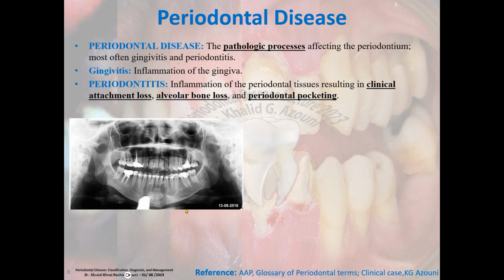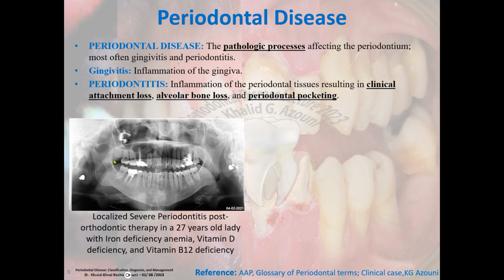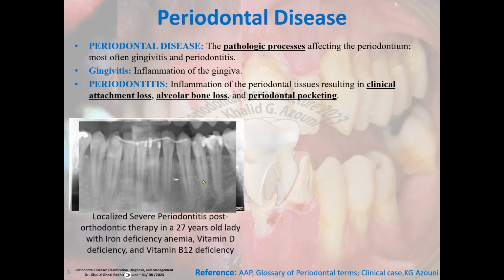The combination of local factors, plaque and calculus, systemic factors like iron deficiency anemia, vitamin D deficiency, and vitamin B12 deficiency, and the occlusal forces during orthodontic treatment, and probably poor oral hygiene, altogether led to the development of severe loss of attachment.